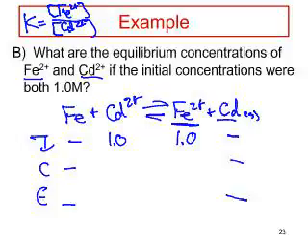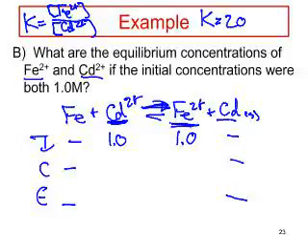Let's fill in the changes. What happens to the concentrations of the cadmium ions and the iron ions as the reaction proceeds? Well, we know that K for this reaction is 20, which means it's product favored, which means the forward reaction is favored. So we're going to use up cadmium ions, and we're going to make iron ions.